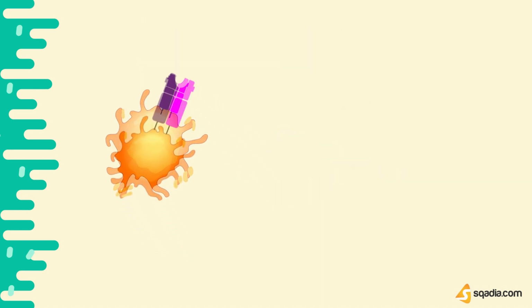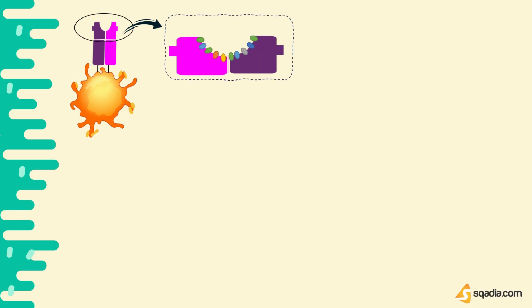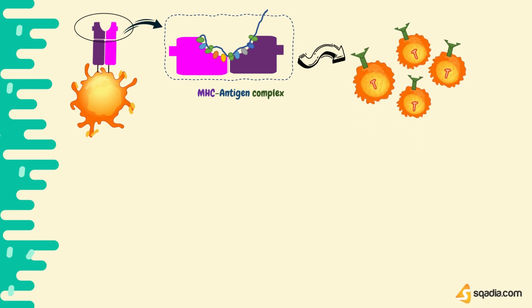Now, let's learn in detail how MHC plays a role in antigen recognition and its presentation to the T cells. In the previous section, where we learnt about the structure of MHC, we got to know that MHC's binding groove has some polymorphic regions, where amino acids of the peptide antigen get attached, making an MHC antigen complex. This complex is then presented to T-cell receptors.